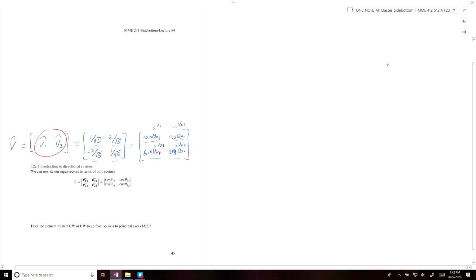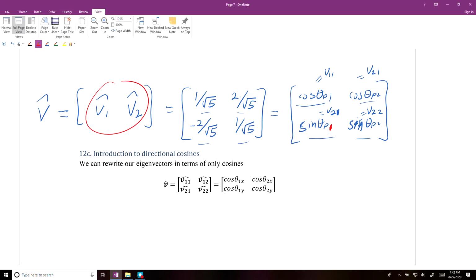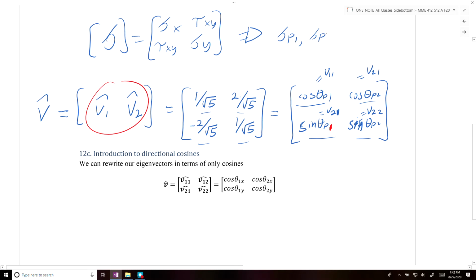So in the last video, we talked about how we could take a given state of stress with the two normal stresses, sigma x and sigma y, and a shear stress, tau xy, and we could find the principal stresses, sigma p1 and sigma p2.